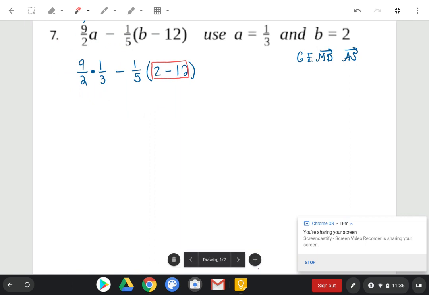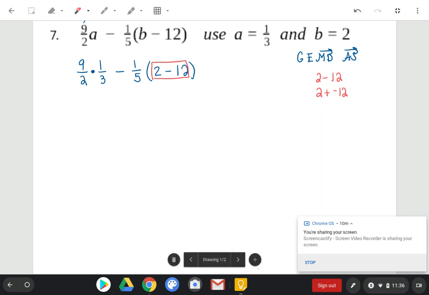And according to our integer rules, when we have something such as 2 minus 12, we are supposed to add the opposite or keep, change, change. So now we have 2 plus negative 12, and our rule tells us to subtract those absolute values.